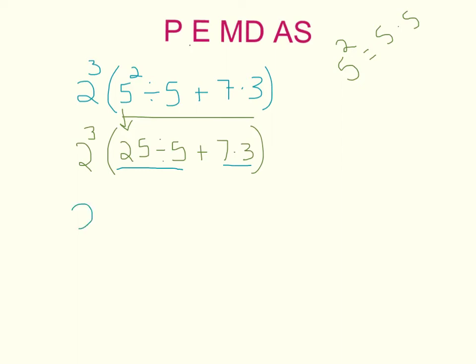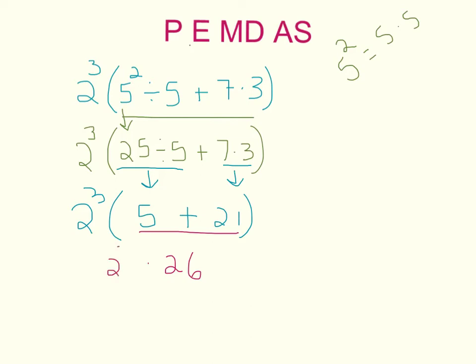So we have 2 to the third power, and now this turns into 5, and then plus this turns into 21. So we're still just simplifying within that set of parentheses, and what's left over is the 5 plus 21, which is 26, and 26 times that 2 to the third in front.